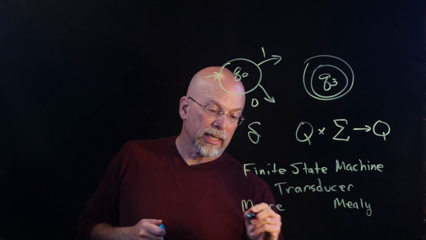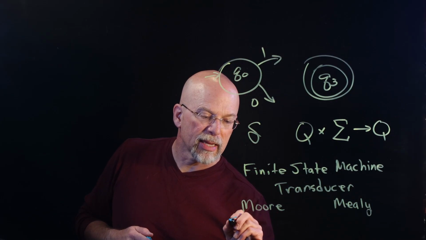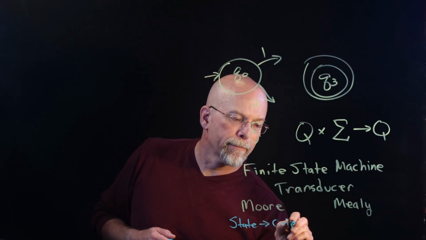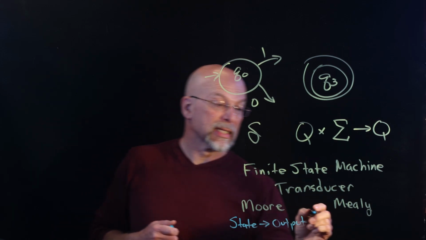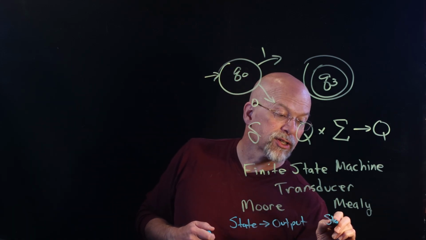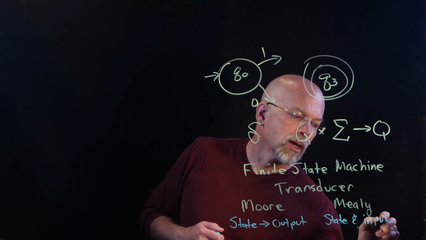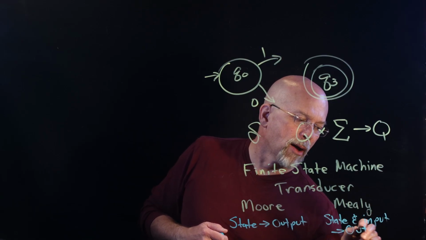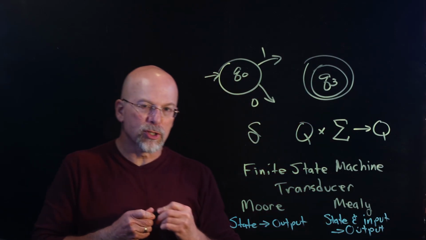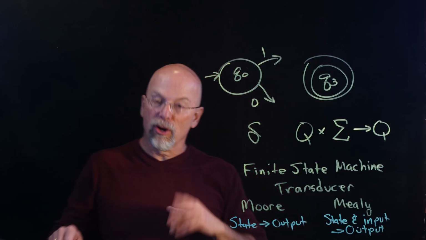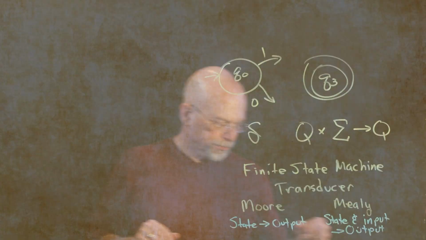The Moore machine says it is the current state that drives the output. The Mealy machine says it is a combination of the state and the current input that drives our output. Two different machines. They have characteristics, and there are benefits of one over the other. That's what we're going to talk about next.